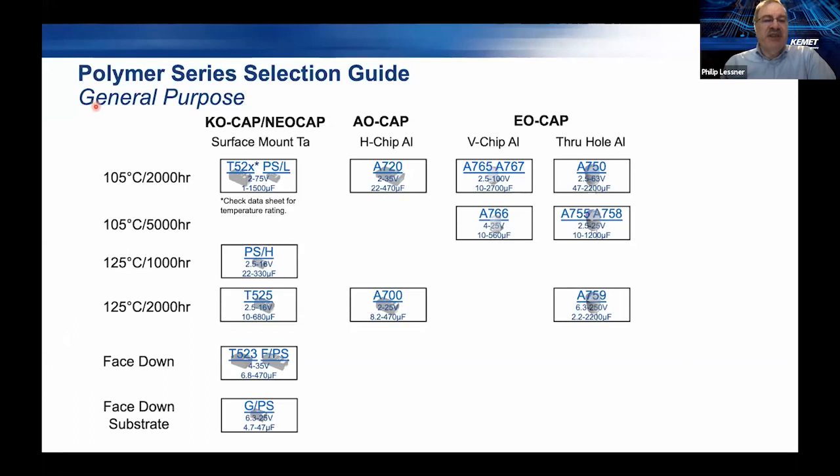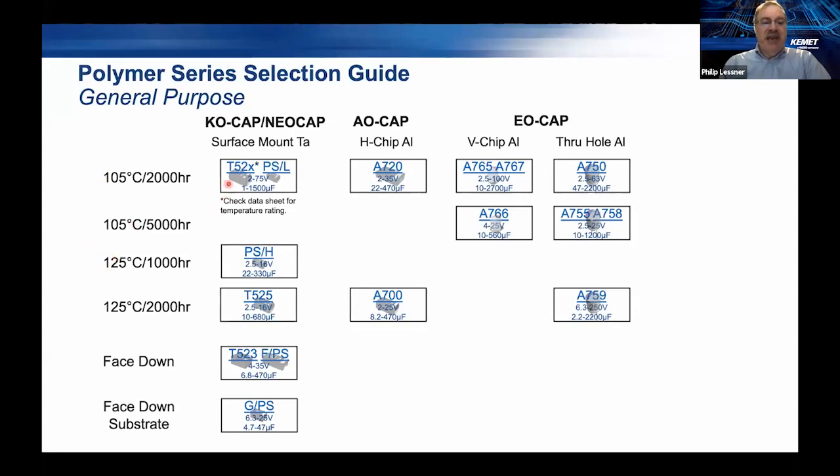The first one that I'll cover is general purpose. So we have general purpose polymer capacitors that span our tantalum polymer capacitors, our H-chip stacked aluminum capacitors, and also our wound aluminum capacitors. And these are available in various temperature ratings, from 85 degrees C all the way up to 125 degrees C, and various lifetime ratings from 1,000 hours up to 5,000 hours.